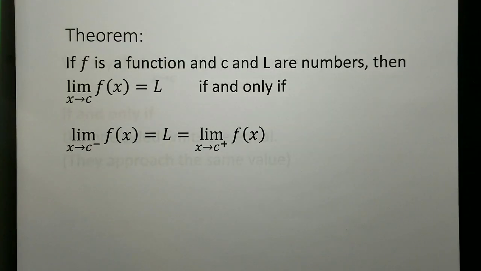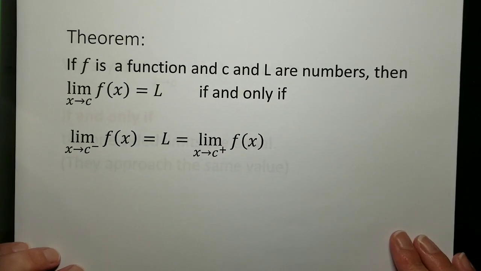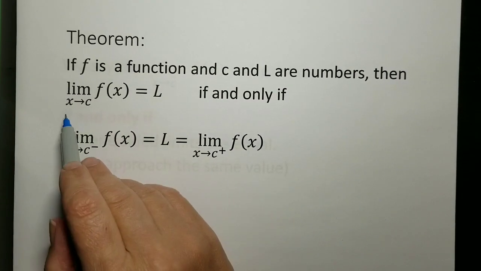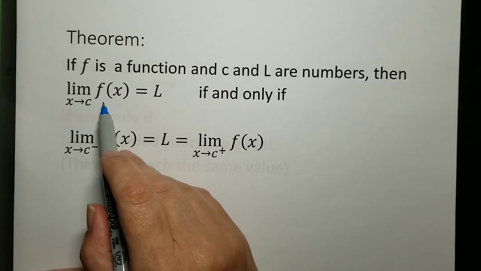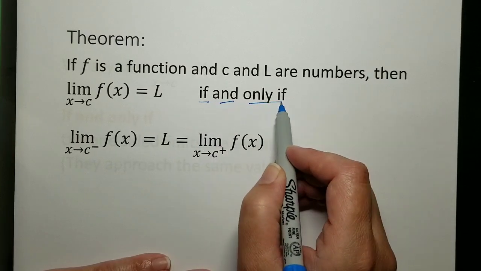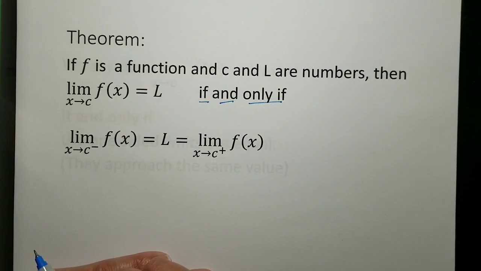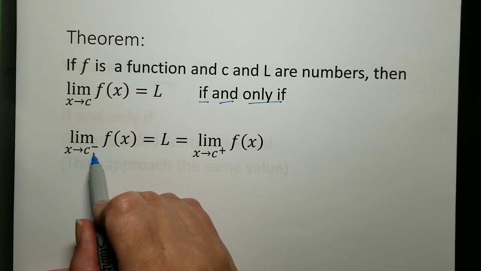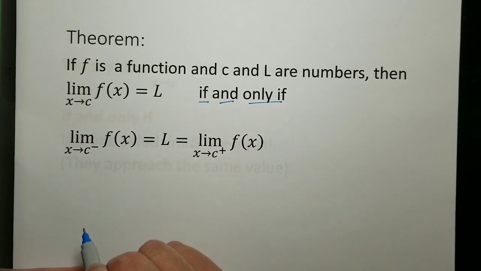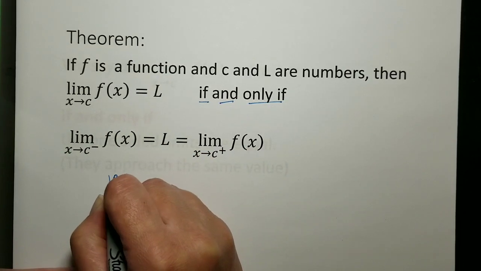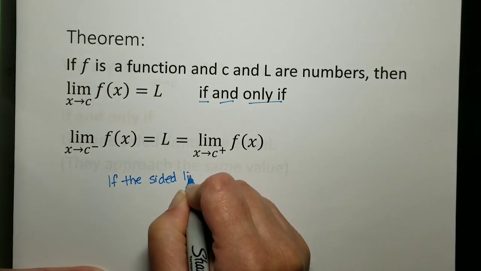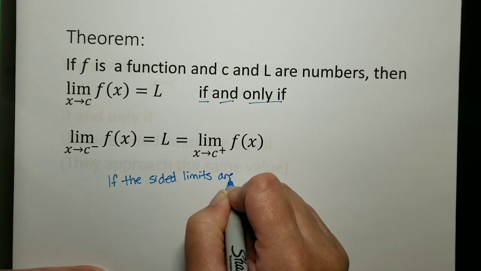And that's what this is saying in more mathematical terms. If f is a function and c and L are numbers, then the limit as x approaches c of my function f of x equals L if and only if the limit from the left equals the limit from the right, and that would equal L. So if the sided limits are equal.